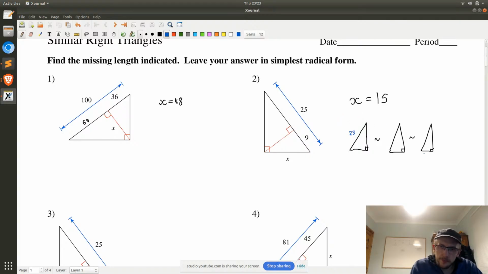And we know that one of them, the smallest one, has 9 there. And we know because of that, there must be 16 there. And what we are to find is the hypotenuse in the smallest one. And we're told that it's 15.